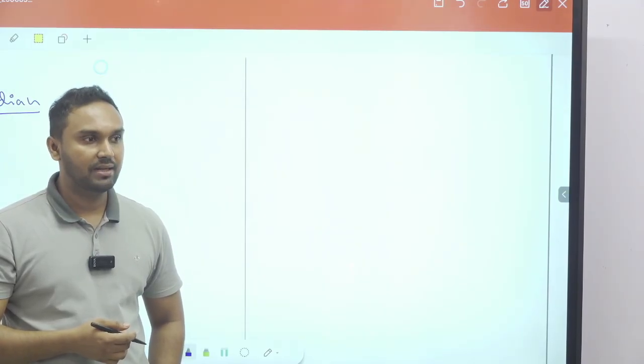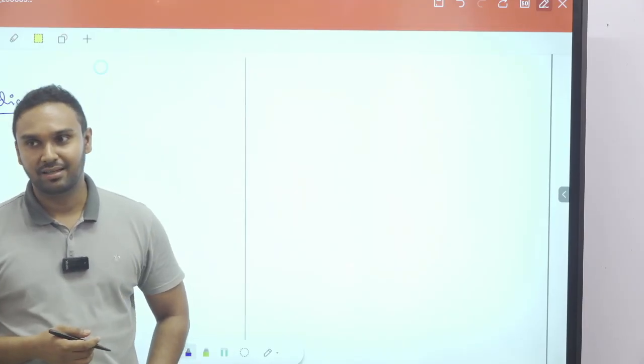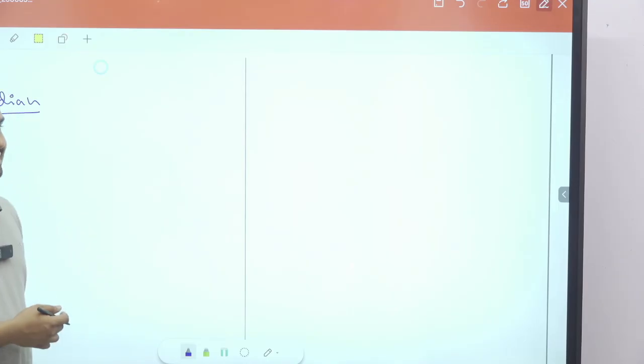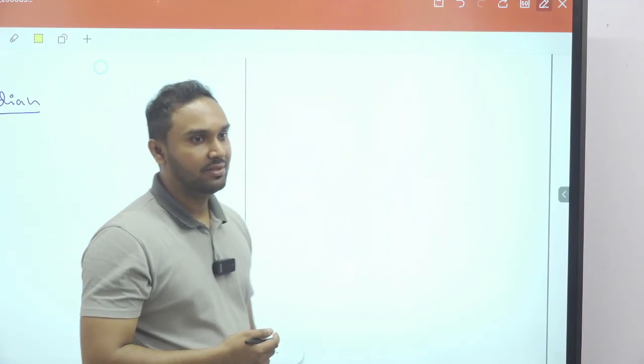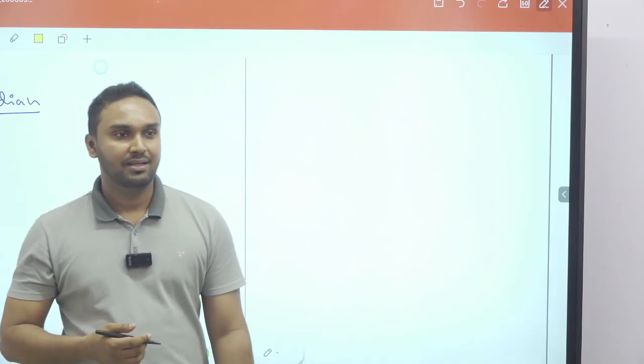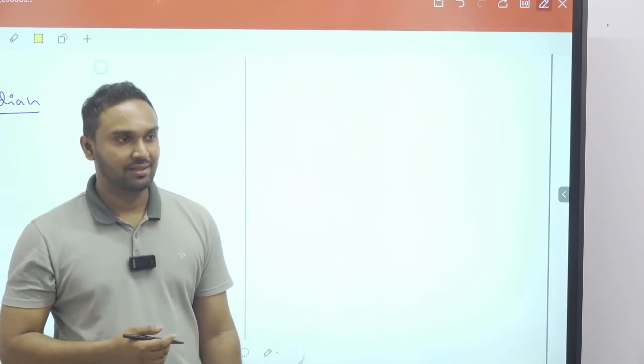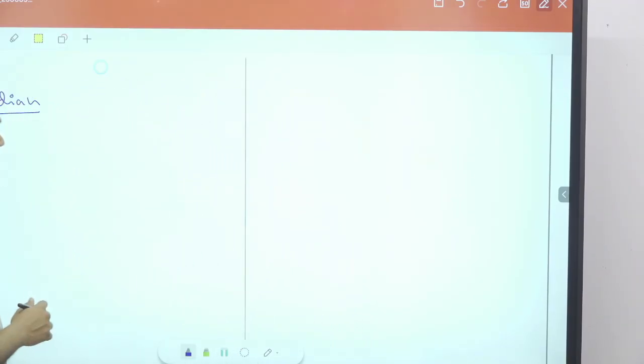So which one is the standard unit? Radians or degrees? Radians is the standard unit, right? You might have used degrees till now, but the standard unit of measuring angles is not degrees, it's radians, right? So you have to use radians.